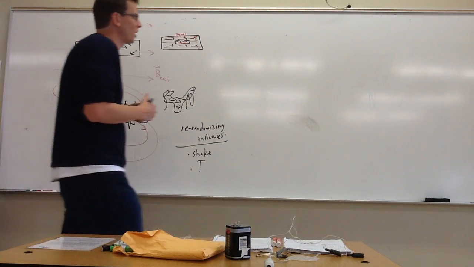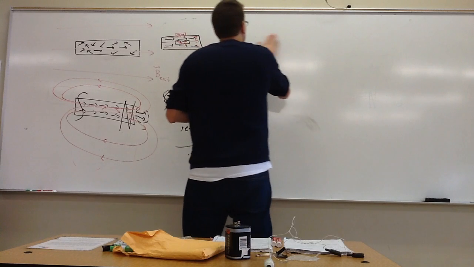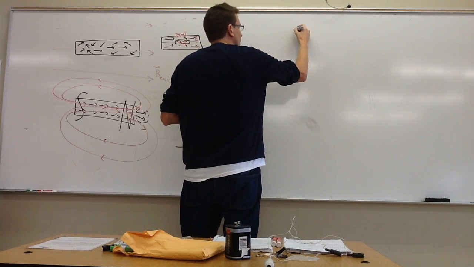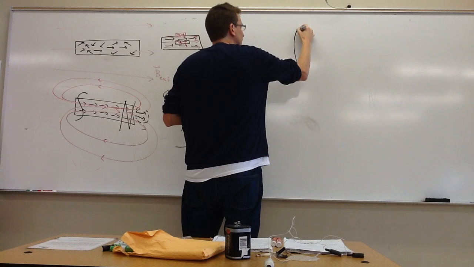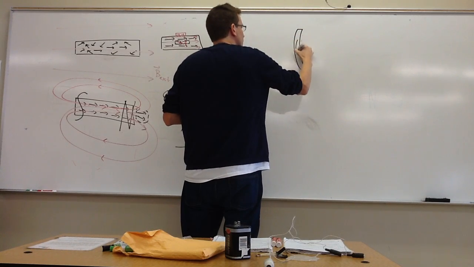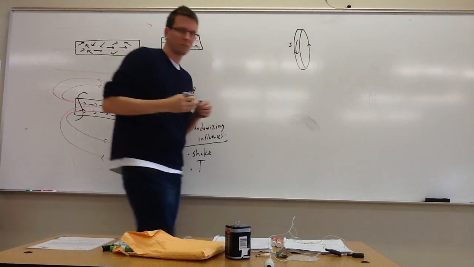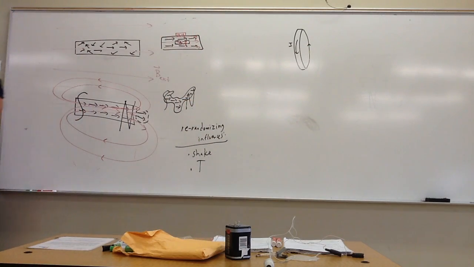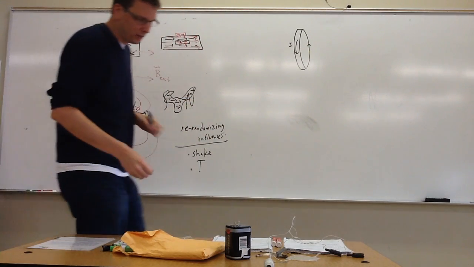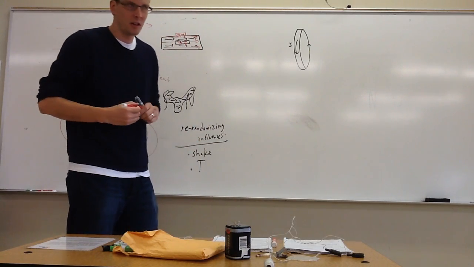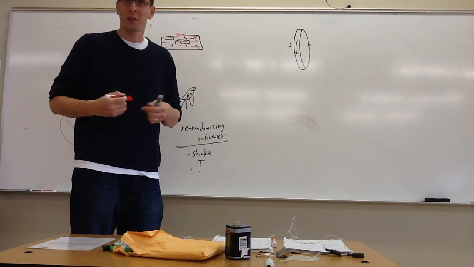Let me suppose what I have is a current loop. Let's say like this. Now, this goes back to one of the very first lectures on current loops that we did.